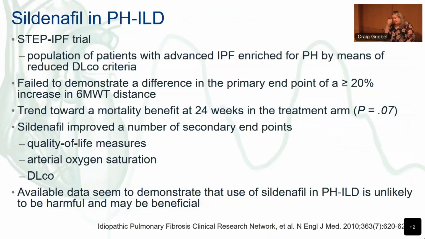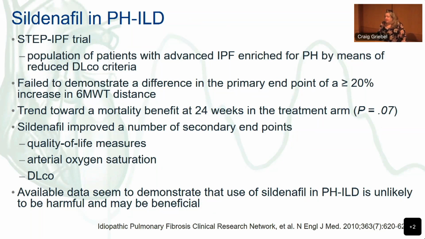Well, what about sildenafil? The STEP-IPF trial had advanced idiopathic pulmonary fibrosis, so this is just one type of ILD, and it was enriched for pulmonary hypertension based on a low diffusion. The study did not show an improvement in 6-minute walk distance. The primary endpoint was greater than 20% improvement in 6-minute walk distance. Of course, you have all these ceiling and floor effects with 6-minute walk based on a variety of non-cardiopulmonary properties.